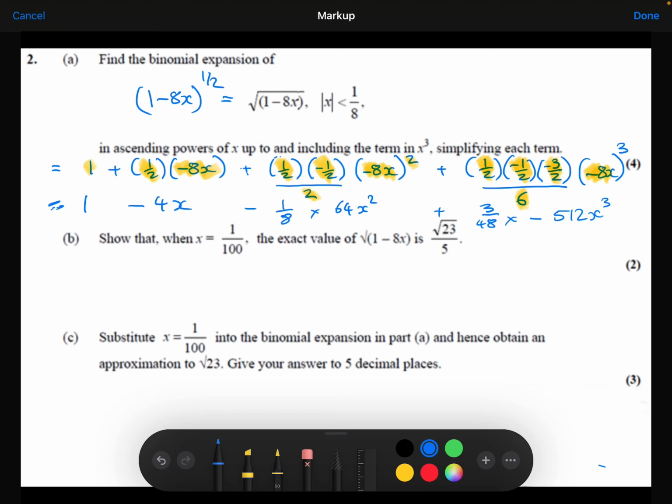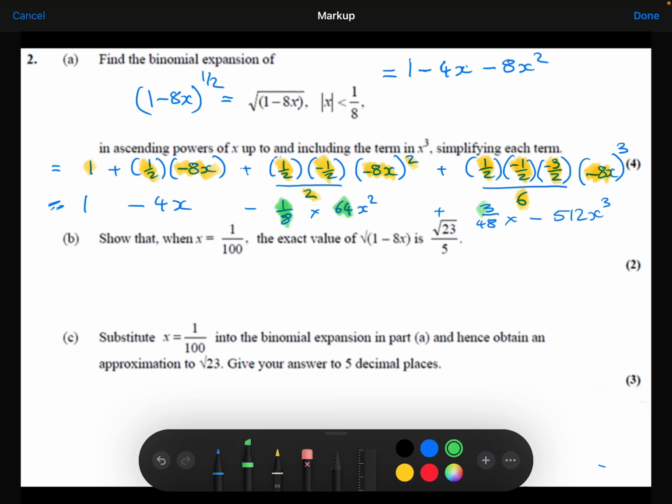Right, so let's finish off this simplification then. Obviously the 1 and the minus 4x can't be simplified anymore, so we'll just copy those first two terms down. But then we've got the 1/8 times 64, which will just be 8. So we've got a minus 8x squared.